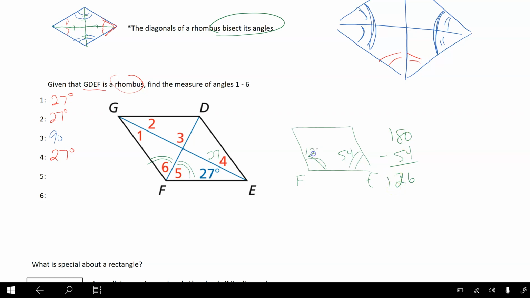So angle F is 126. Well, that's all of angle F. That entire angle right there is 126 degrees. And since this diagonal bisects it, 5 and 6 are each half of that 126. So they're each going to be 63 degrees.